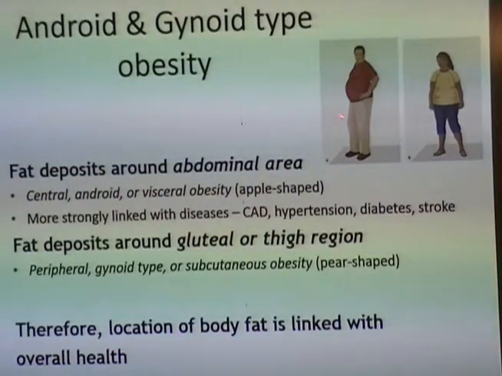Occasionally you'll see it as subcutaneous, although subcutaneous is really any fat that's under the skin. All right? Visceral fat is any fat that's in your trunk wrapped around your organs.